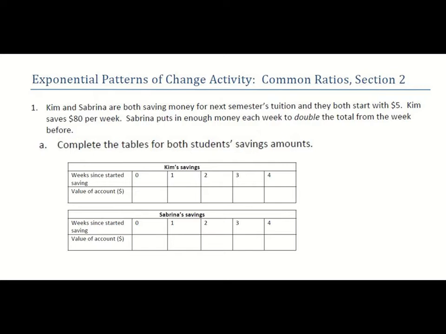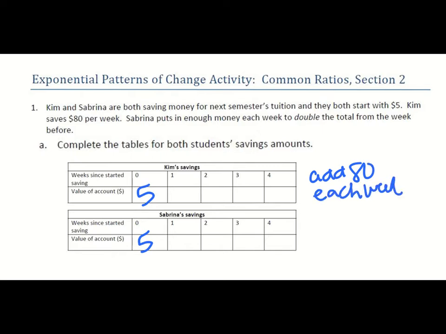Okay, Kim and Sabrina are both saving money for next semester's tuition. They both start with $5, so they're both starting off with $5 in the account. Kim saves $80 per week. I'm basically going to add $80 each week.